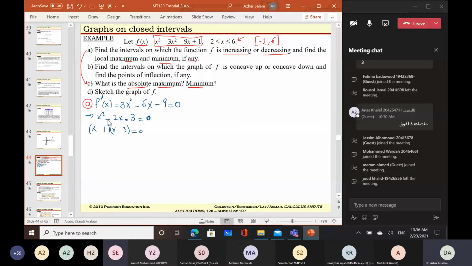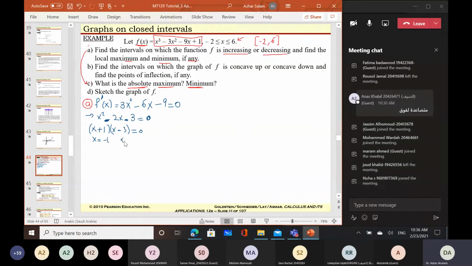So here I have minus, yes, the minus with the greater number, since this is a negative sign. So I have two different critical points, which are x equals -1 and x equals 3. These are two critical numbers.